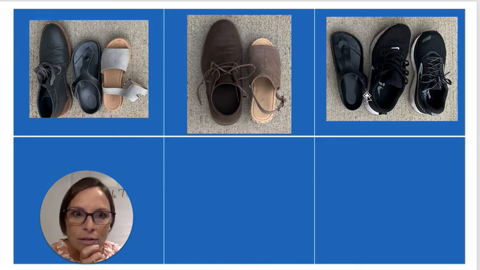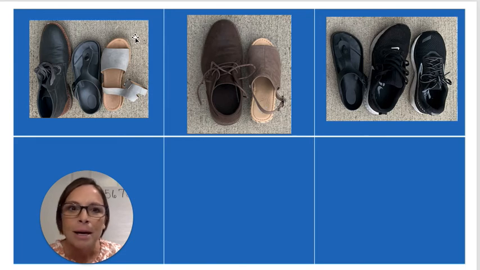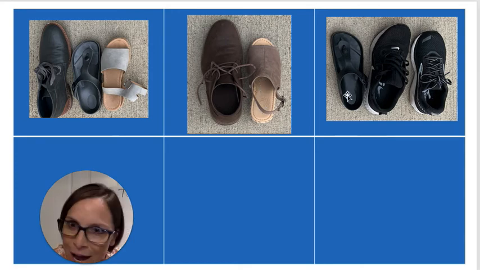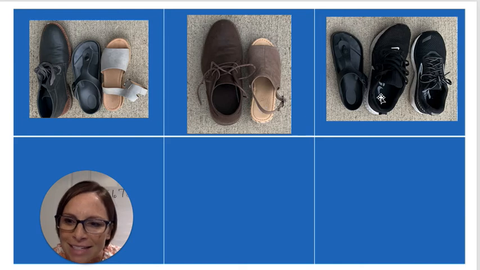Oh my goodness. That's what I was thinking. It took me a minute, but I think it's sorted by color. Because there's a tie shoe here, a tie shoe here, so it can't be that, a tie shoe here. But if you study it really carefully, these are all gray, these are all brown, and these are all black. Yes.